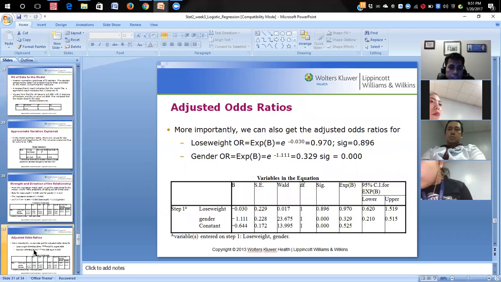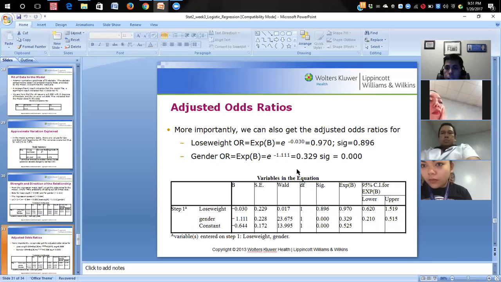The adjusted odds ratio we can get from this is the exponentiated beta coefficient for losing weight, which will be 0.896.